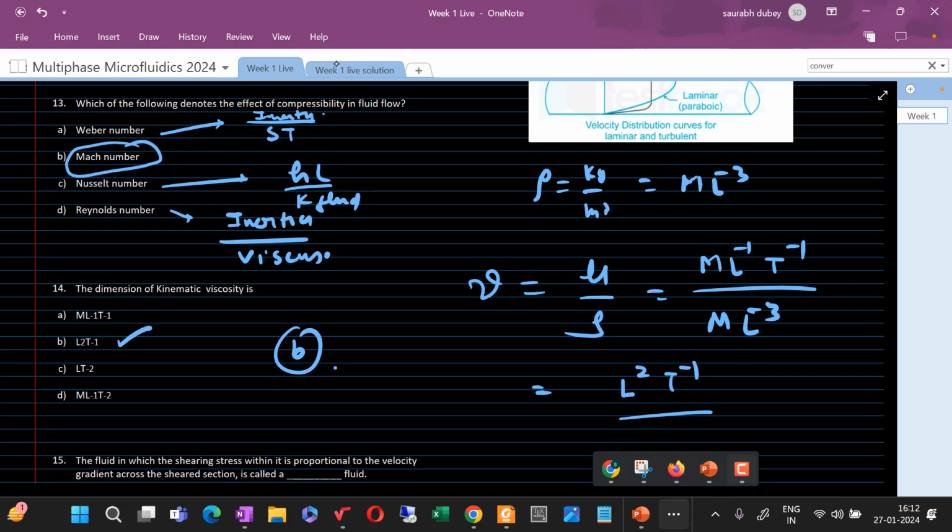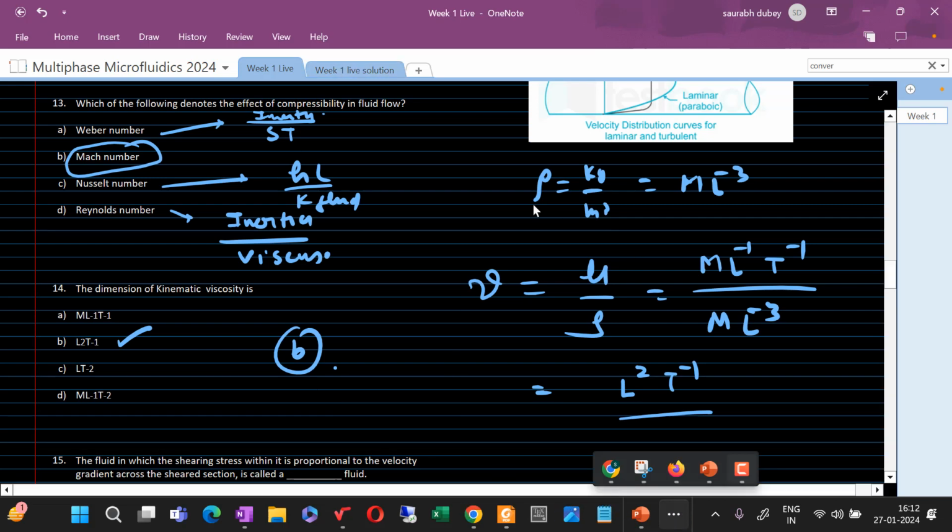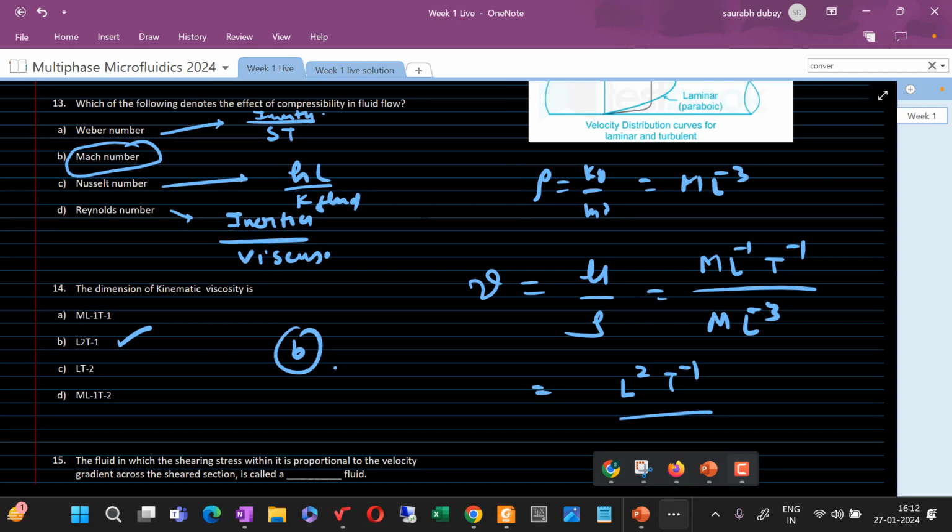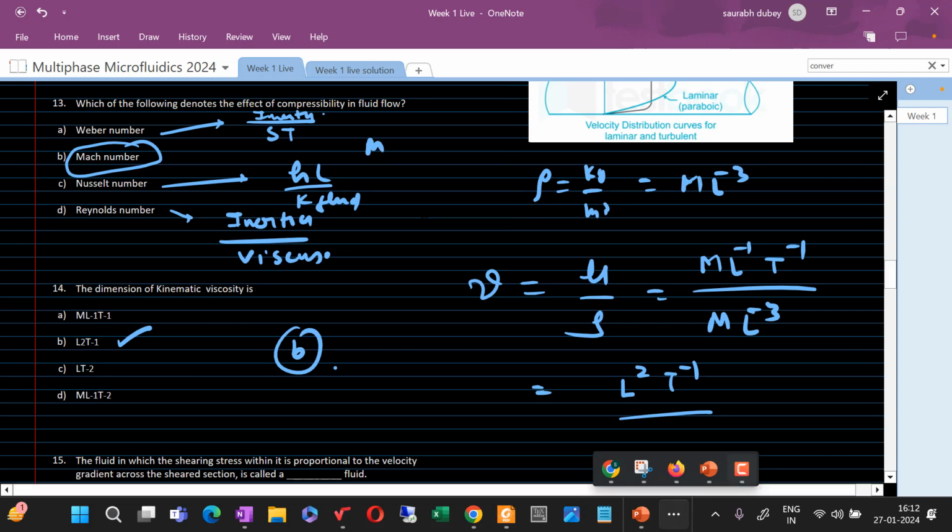If this ratio is less than 0.3, then we consider the compressible effect to be negligible. So when M is less than 0.3, what will be the condition? Incompressible flow.